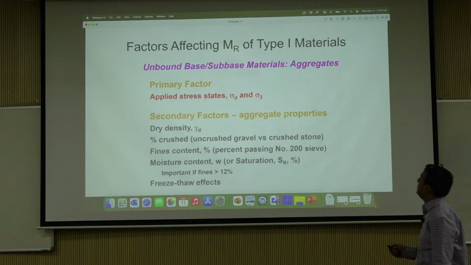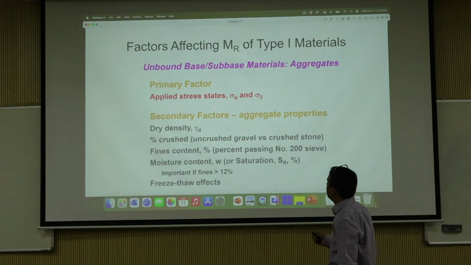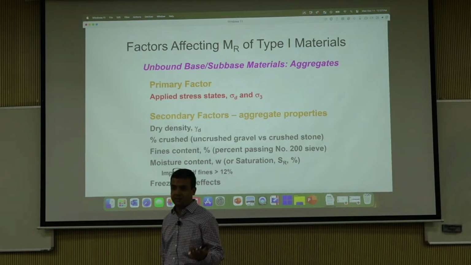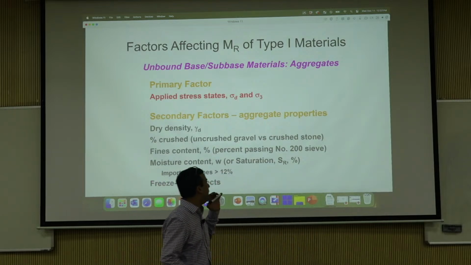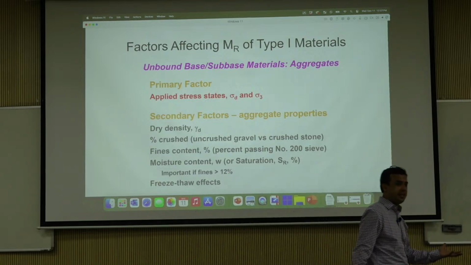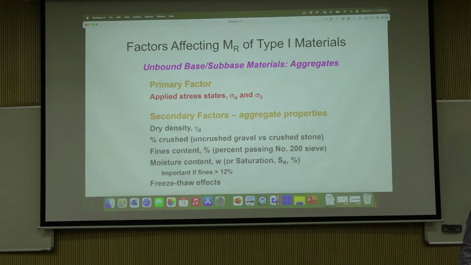Factors affecting MR, primary factors. It's stress dependency, so applied stress states, sigma 3 and sigma d are very, very important, and then all the other factors like dry density, moisture content, fines content, right? Freeze thaw effects, it collapses and stuff.